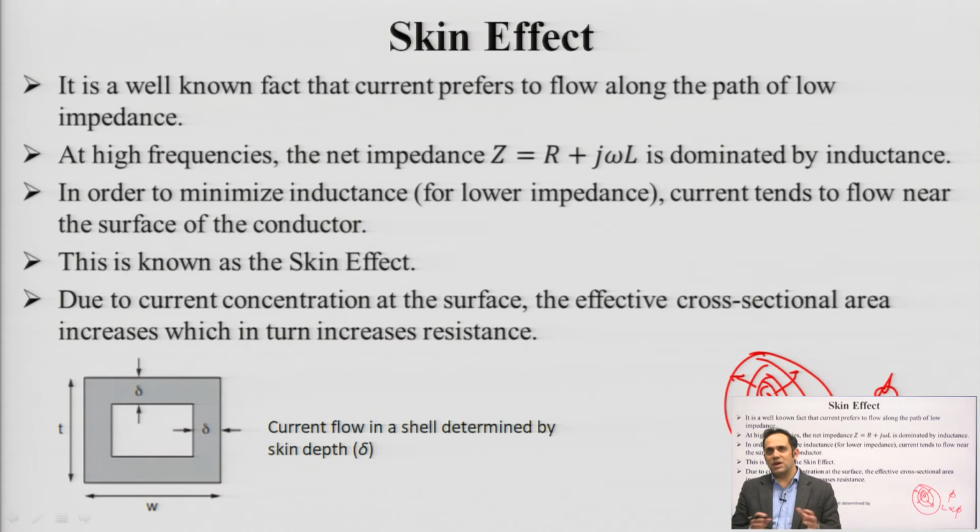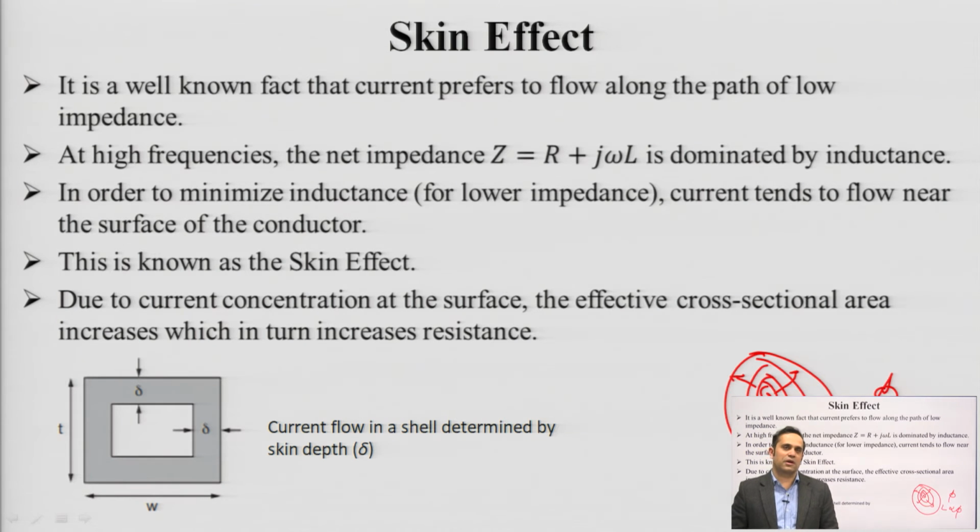Because of this, the total impedance associated with any electrical conductor tends to be lower at the surface and higher in the bulk or the core.